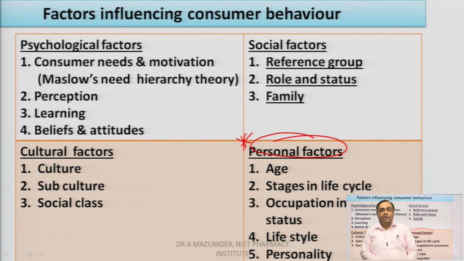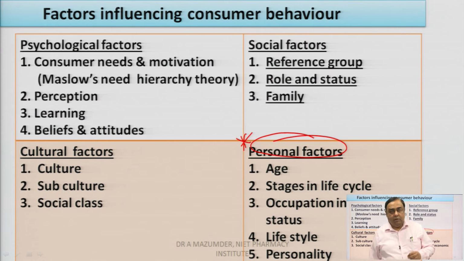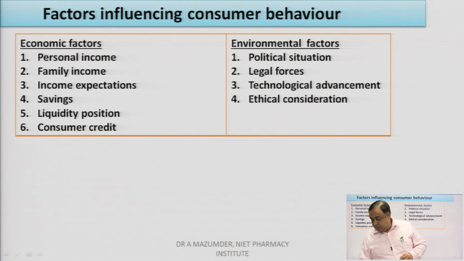Next is the lifestyle: what sort of lifestyle he or she is leading, what sort of lifestyle his friends are leading, what personality he has. All these come under the heading of personal factors for consumer behavior.